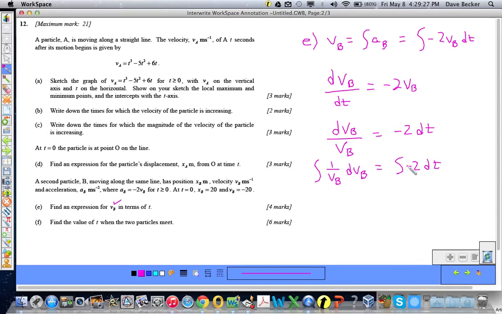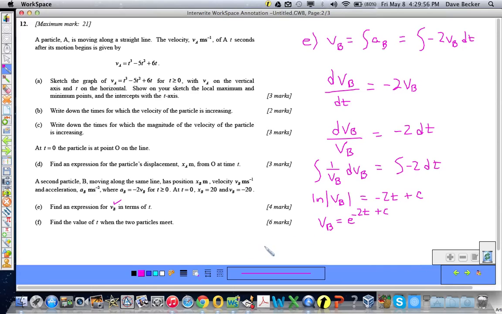So now what happens? Well, what is this? This is the natural log of the absolute value of vb is equal to negative 2t plus c. So now we're getting somewhere, boys and girls. Now we have a little bit of thinking to do. And using our rules of logarithms, we now know that vb is equal to e to the negative 2t plus c.